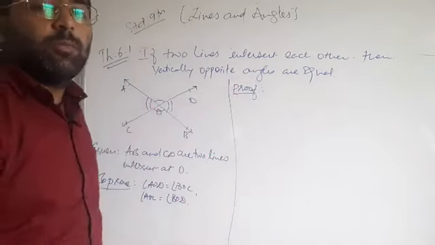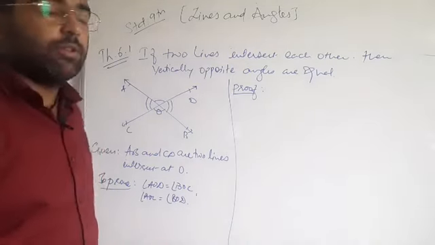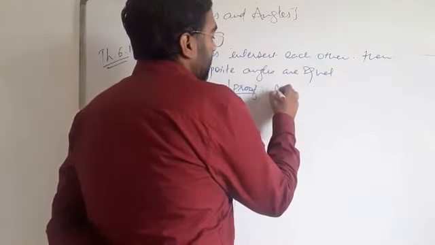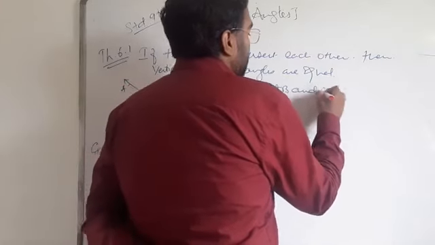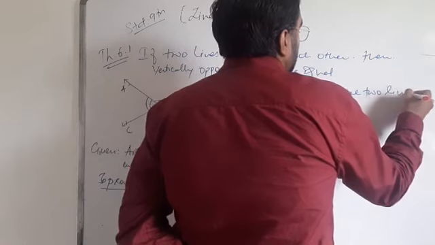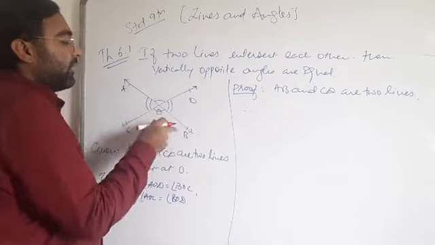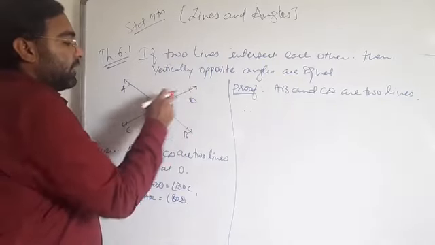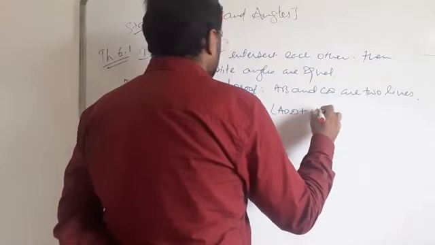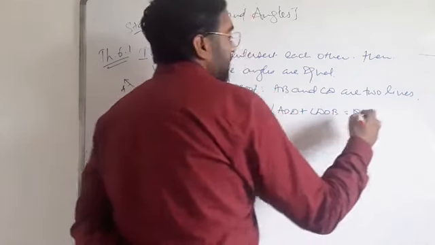In the proof, AB and CD are two lines given in the question. AB is a straight line, therefore angle AOD plus angle DOB forms 180 degrees, that is a linear pair.